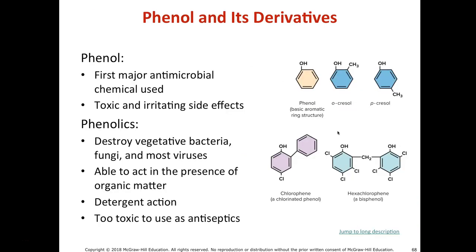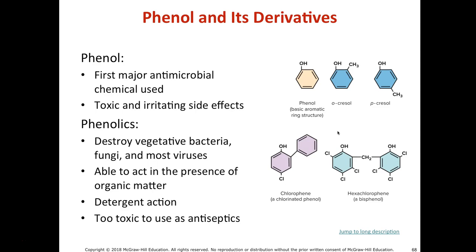All right, so now we're going to branch off into our phenols, and it is the first major antimicrobial chemical used. It was actually derived from a distillation of coal tar, if you can believe that.